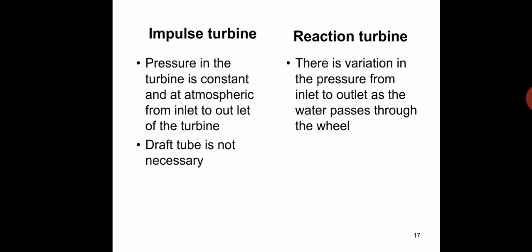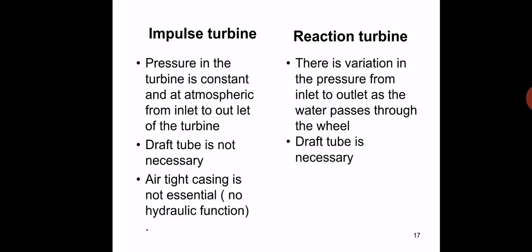In the impulse turbine the draft tube is not necessary, whereas in reaction turbines the draft tube is compulsory. In the impulse turbine, an airtight casing is not essential, whereas in reaction turbines an airtight casing is compulsory.